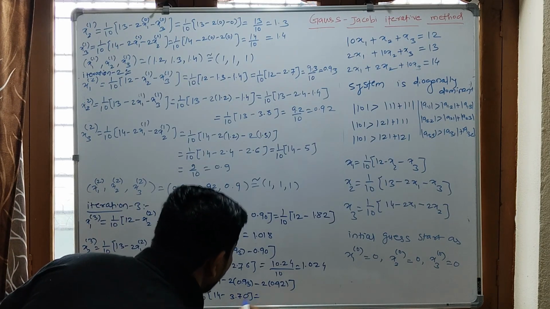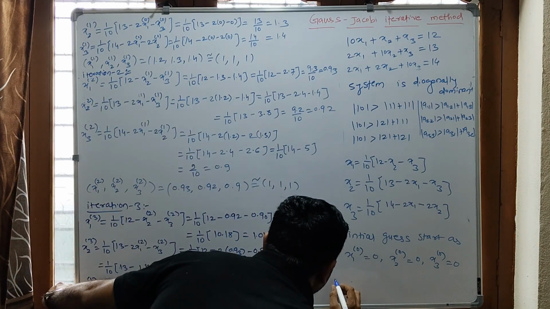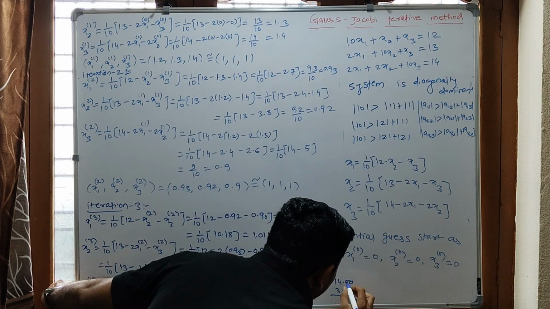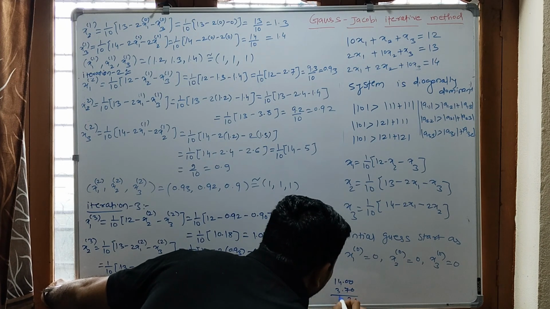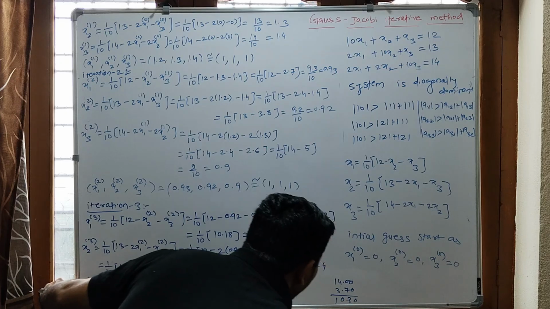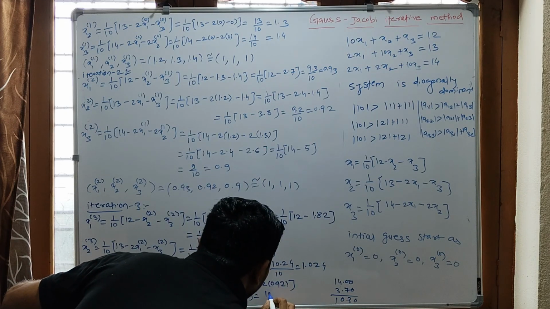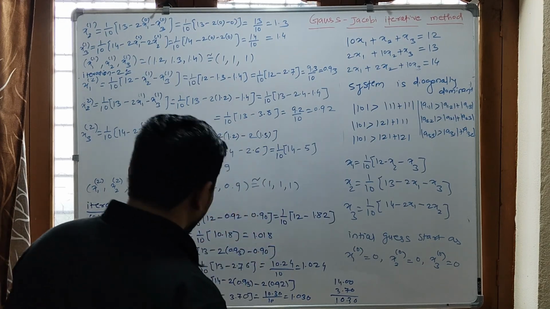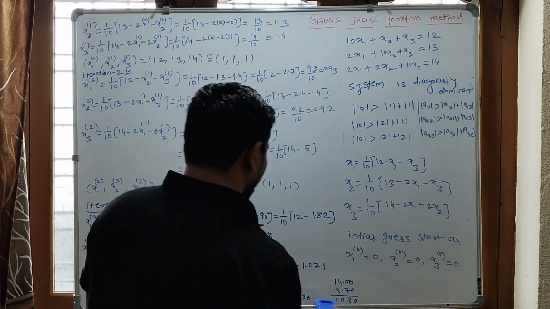So here I calculate 14.00 minus 3.70, subtraction, this is 10.30. So 10.30 divided by 10 is equal to 1.030. So this is my third iteration.